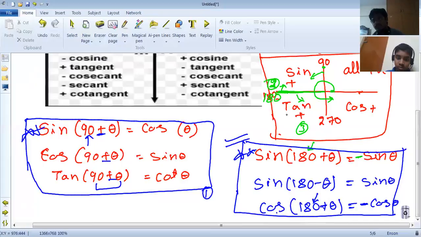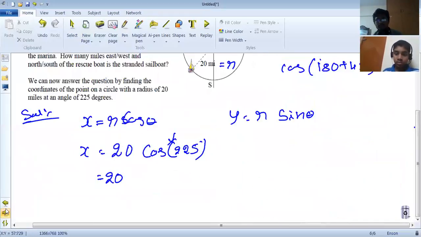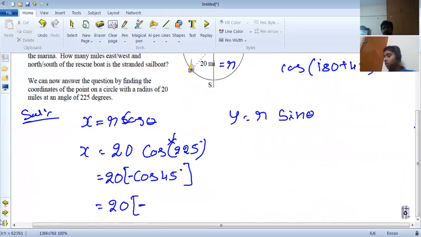In the third quadrant, except tan, everything will become negative, so you will get minus cos theta. So instead of theta, here we are having 45 degrees, so you will get minus cos 45 degrees. Now tell me cos 45 degrees from the trigonometry table. 1 by root 2.